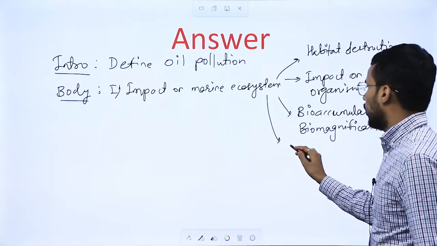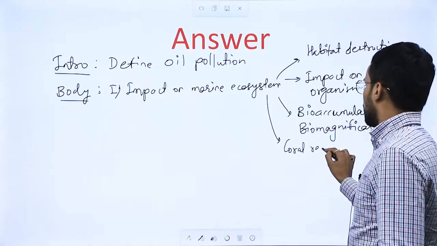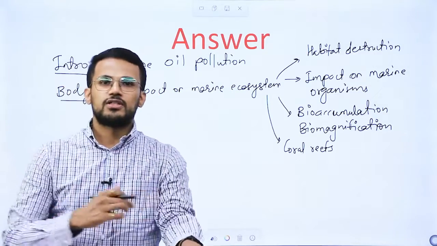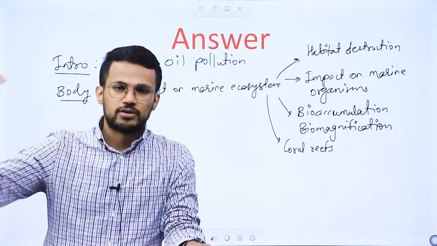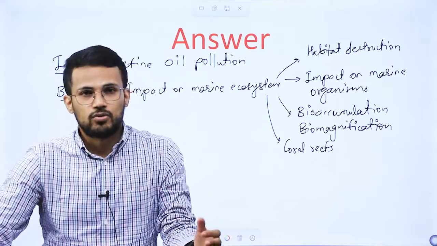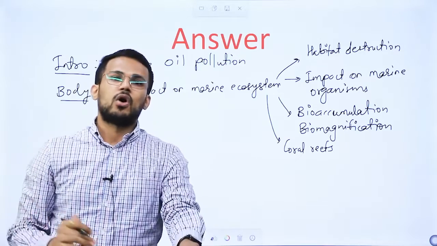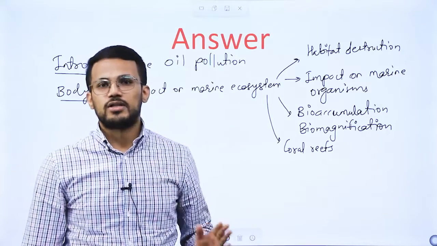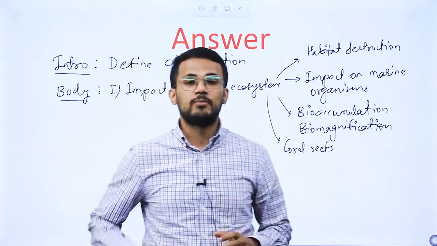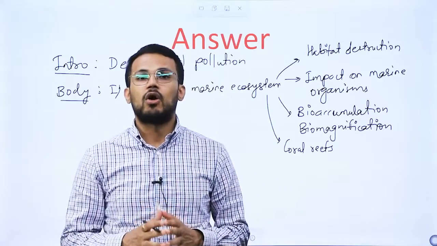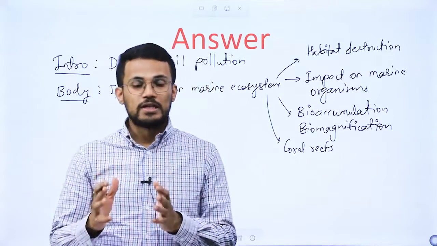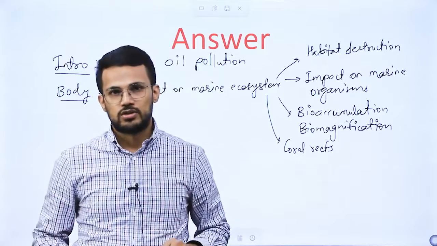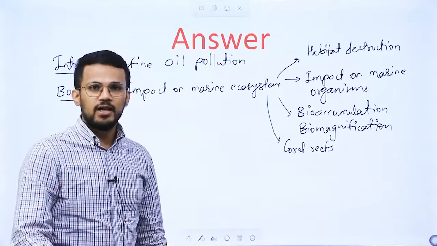Then there is impact on coral reefs as well, because coral ecosystems need water which is free of turbidity, as a result of which there will be availability of sunlight, but because of oil pollution there might not be penetration of sunlight towards the coral reef ecosystem, and that may affect it. And you must be aware, the coral reef ecosystem supports almost 25% of marine organisms, right? So 25% of marine organisms live in and around the coral reef ecosystem. So those organisms will be affected as well.